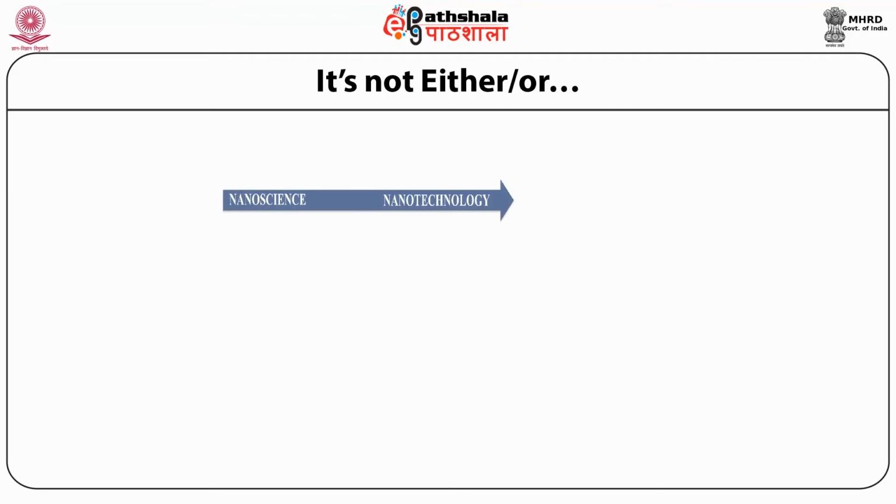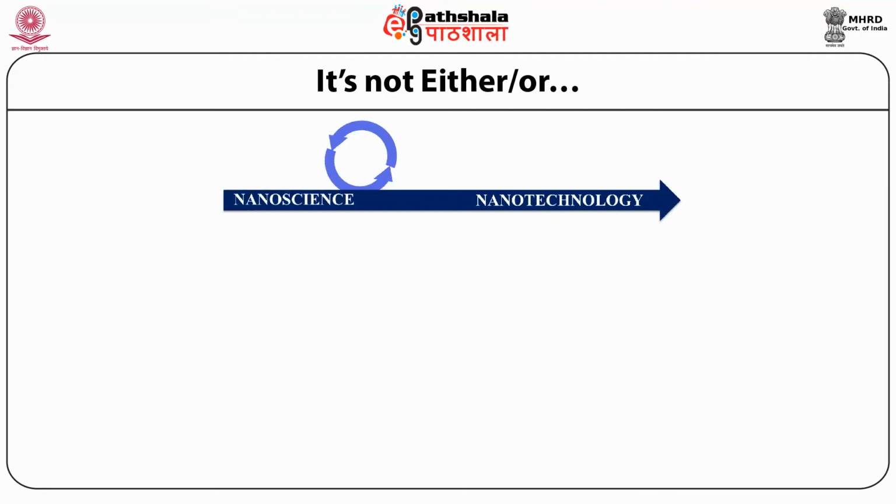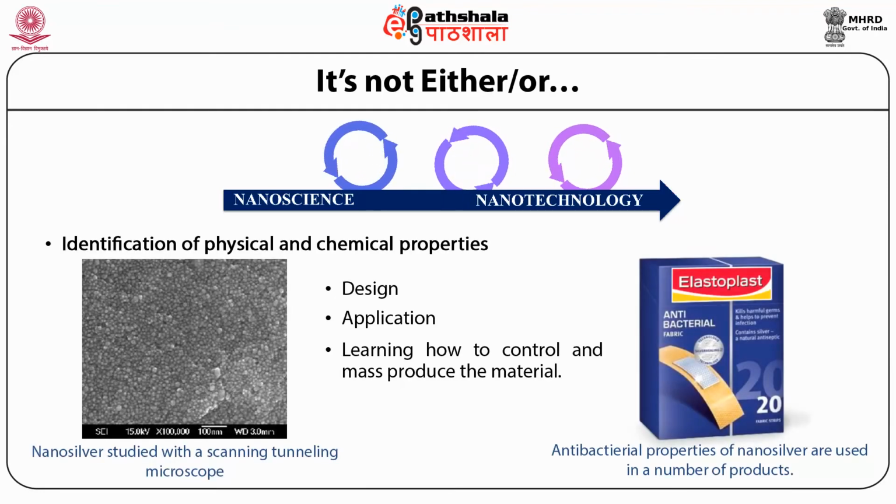So let us now compare nanoscience and nanotechnology. Nanoscience consists of the identification of physical and chemical properties. As you can see over here, nano silver is studied with a scanning tunneling microscope. Next is nanotechnology, where we have to design and apply the material for a certain kind of application.